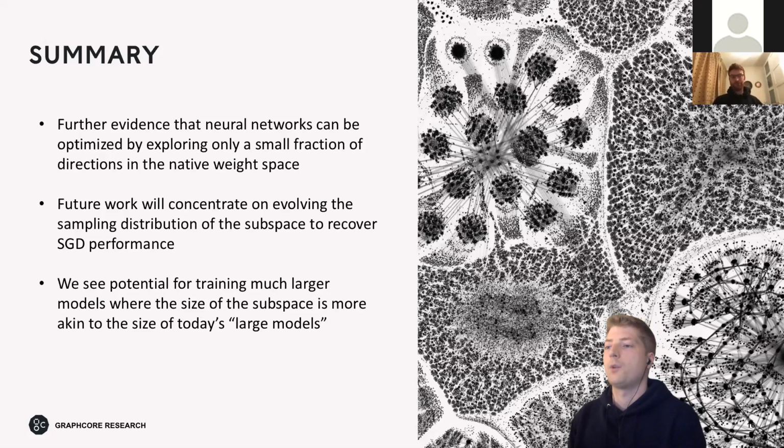In future work, we would be excited to evolve the sampling distribution, which in this work has only been a fixed standard normal distribution. We would be very interested in any more ideas to push this idea further, because as we mentioned earlier, we see this as one possible way to scale to much larger models in future.